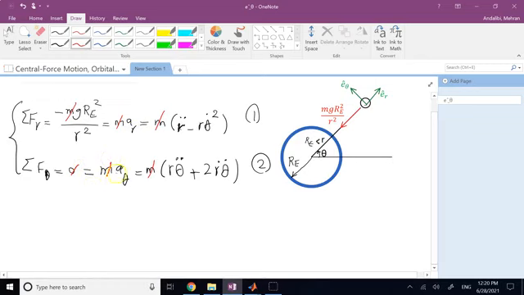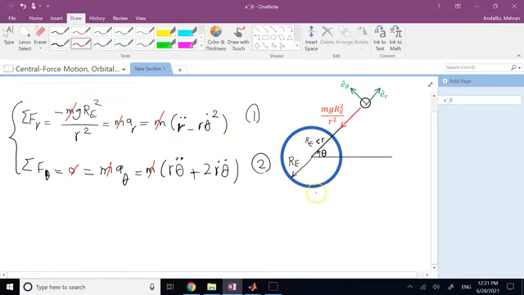Now if you look at equation 2, it looks a little bit simpler because it doesn't have the constant term. And I might first take a look at equation 2 before going back to 1.